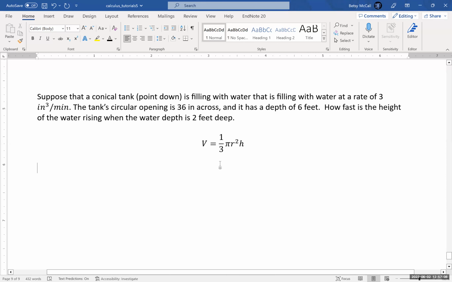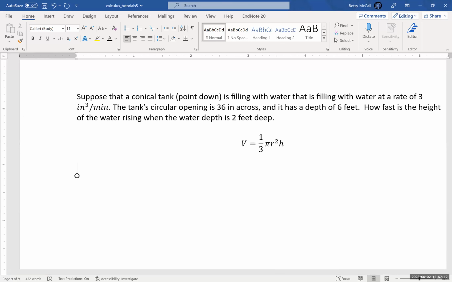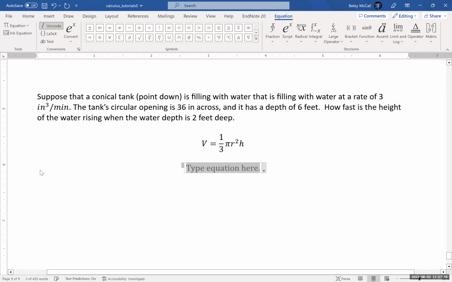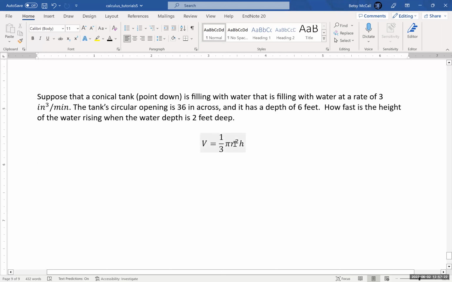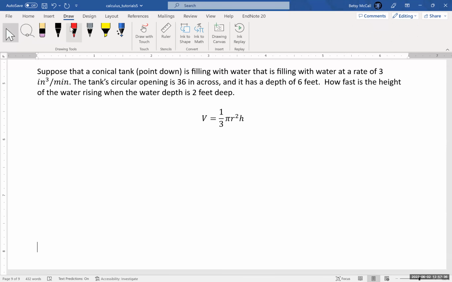Okay, so our related rates problem is going to require us to eventually find the derivative here. Before we do that, we need to come up with this relationship. And so we're going to draw a picture as we had in the previous example, but now we're going to look at the cone.